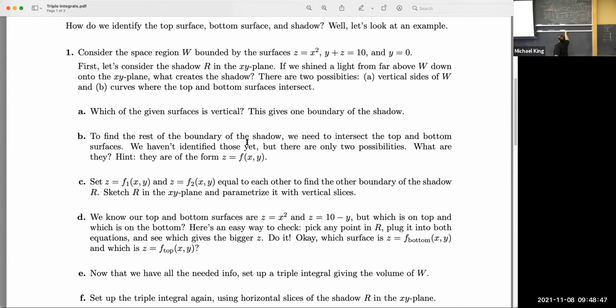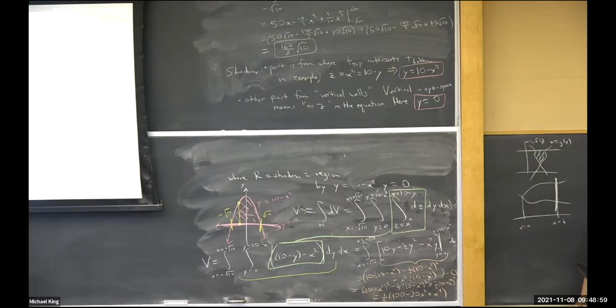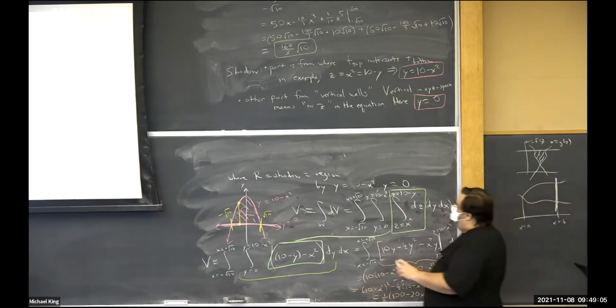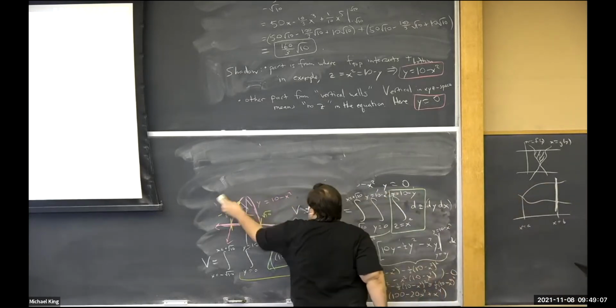Just to go back to this, let me write the equations again so we can see what we actually had. If you're watching on Zoom, just pull up the handout so you can see this also.